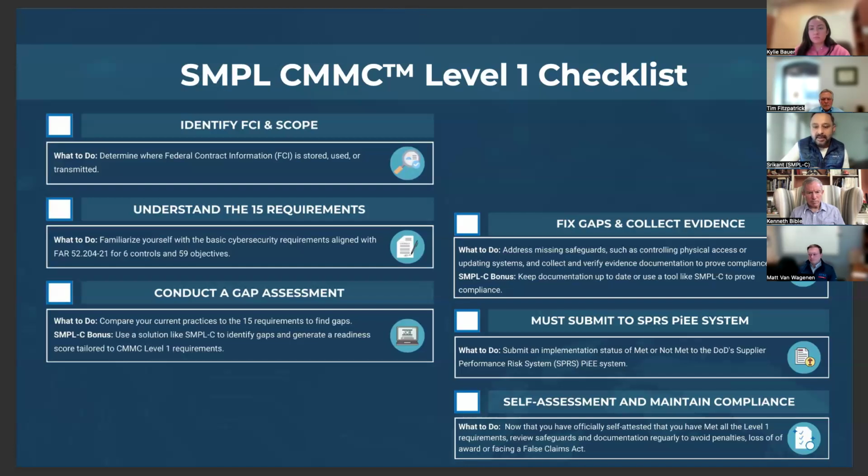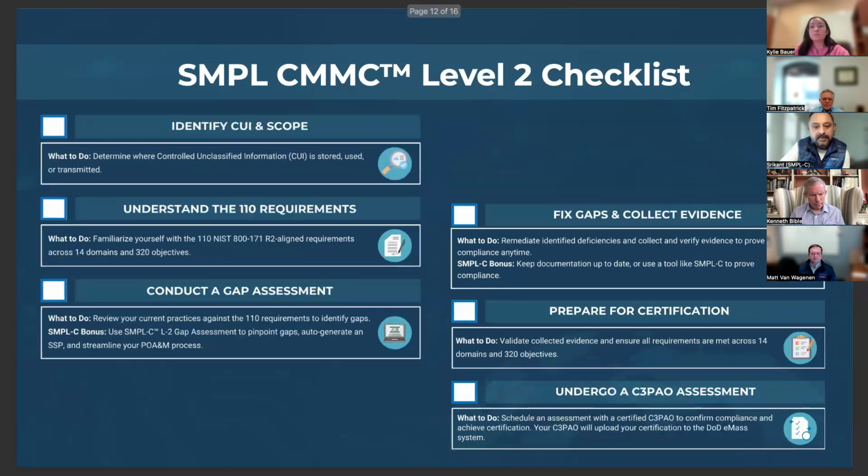Everything is ready for you to showcase, if you will. So that's the level 1 checklist, and there's a similar one for level 2, but probably a lot more robust. Yeah, Kylie can go to the next one as well.